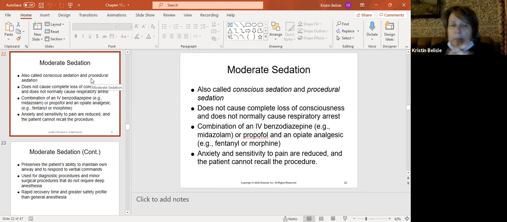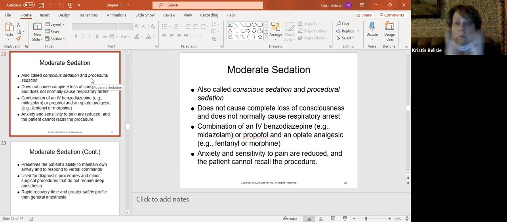This is where we're going to make them very sleepy. We want to make sure that we have airway support, so that if by chance the patient becomes more sedated than what we would like, we can assist with ventilation if needed. That is not the goal of this. Moderate sedation makes them sleepy, but they don't remember it, and it does not paralyze the respiratory function.